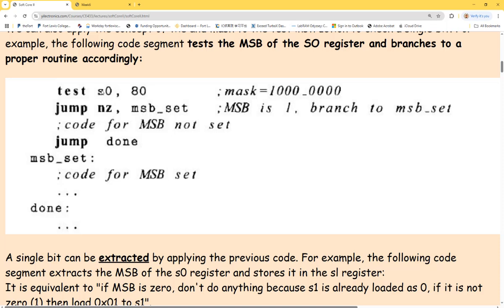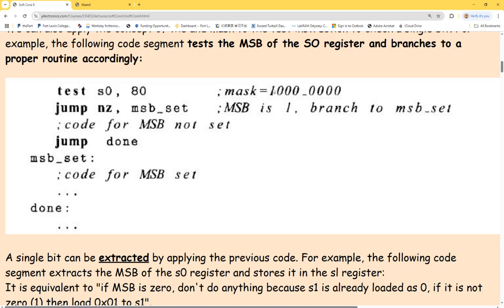So if the result is 0, it means what? The Z flag is 1. If the result is 0, the Z flag is 1. It means the MSB of S0 is 0, right? Is that clear?